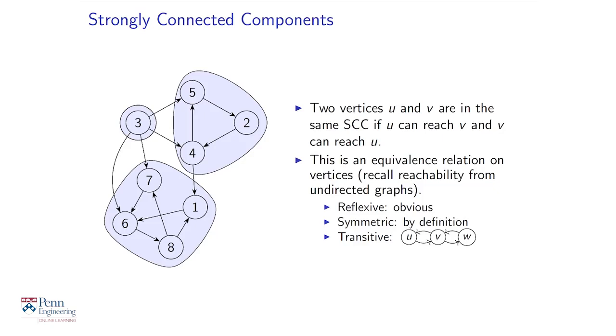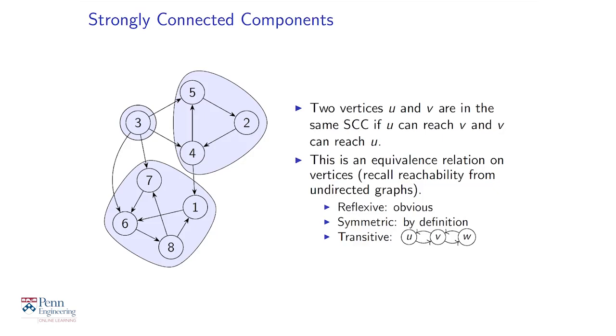Because there's a path from u to v and there's a path from v to w, you can concatenate or append the second to the first, and you get a path from u to w. Well, this may not be a simple path, but we've seen already how if you find any path at all, you can cut out the repetitions and make it into a simple path. So there's a simple path from u to w, and the reverse direction is just as easy. So basically, that means that u and w are in relation.